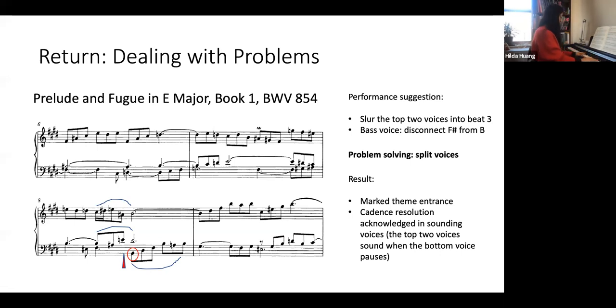So I'll just play one where everything is slurred, one where everything is disconnected, and one where there's a differential application of articulation between the voices. This is all together, all connected. Actually, I can't even really do it because my finger has to get to the B in the bottom, but you get the idea. Here's one where all of the voices are separate.